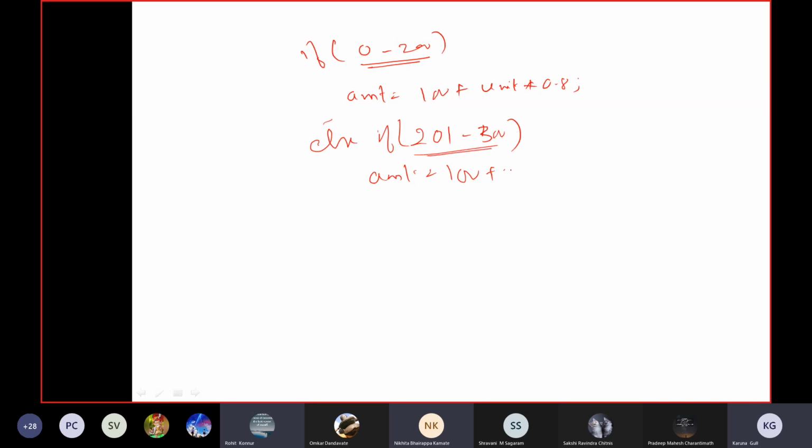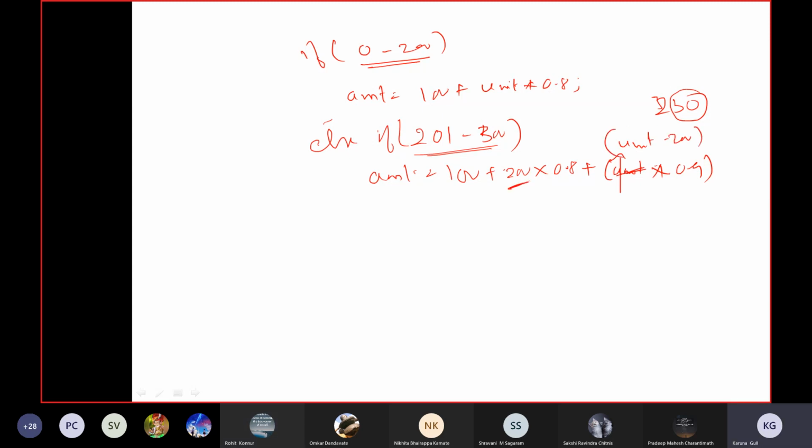For the first 200 units, I have to pay 80 paisa. Then for the left out units, if I enter something like 230 units, only for 30 units I have to pay 0.9. So that's what I am writing here: unit minus 200.